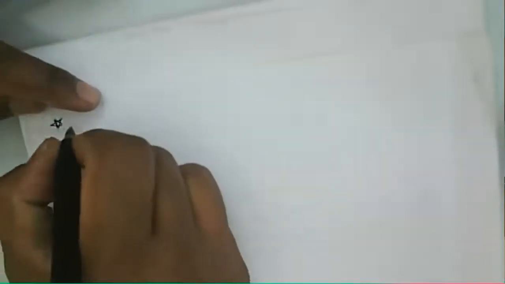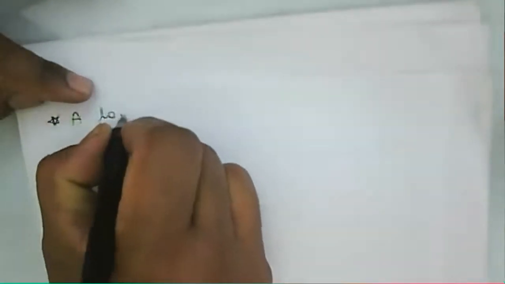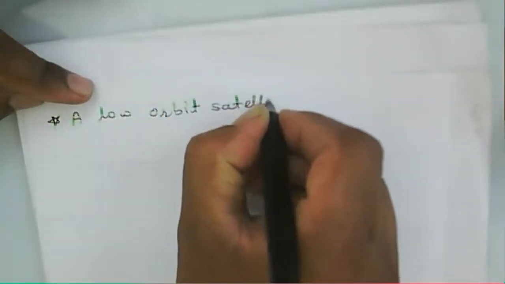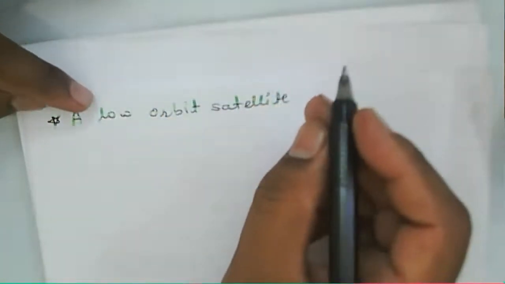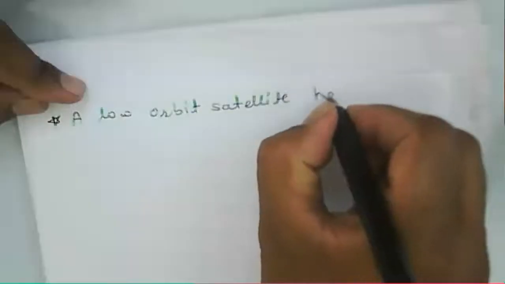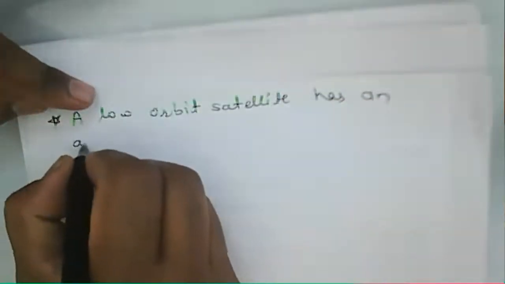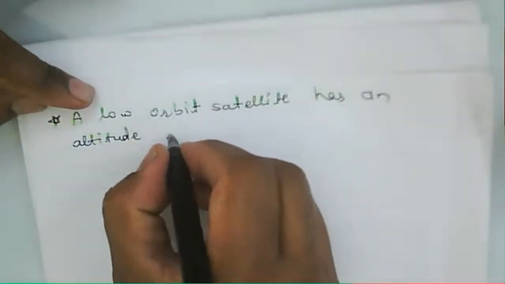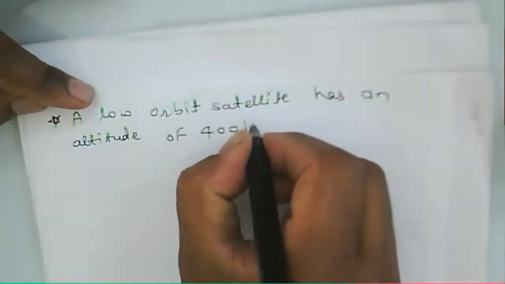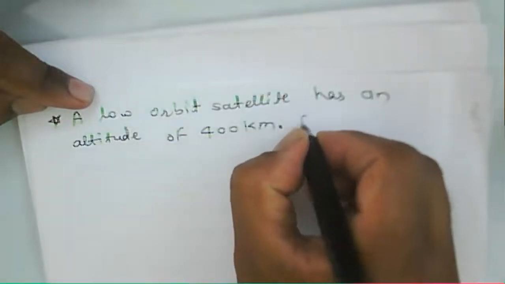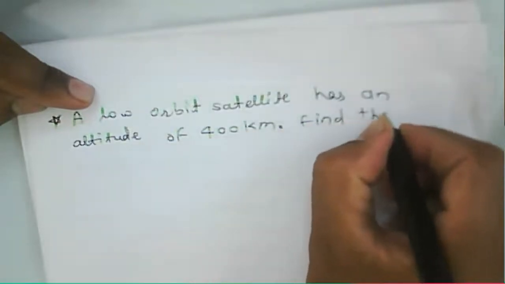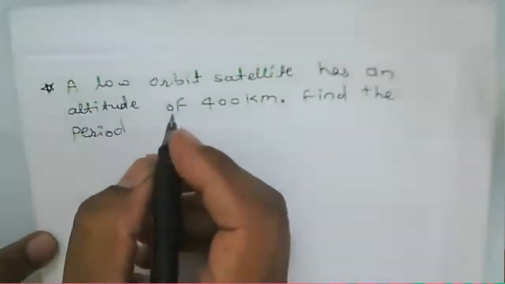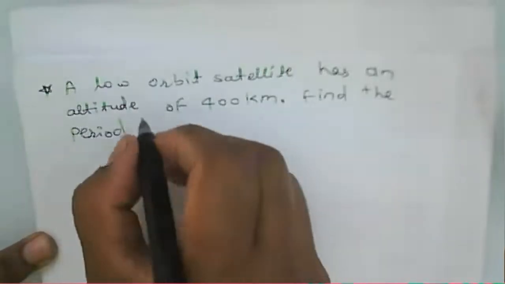So we can write here: a low orbit satellite has an altitude of 400 kilometers.